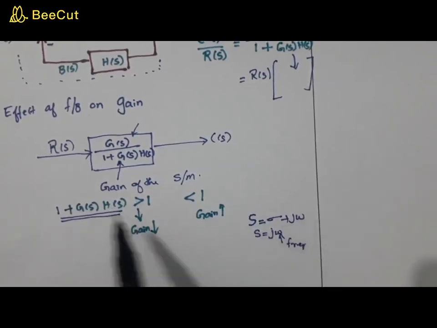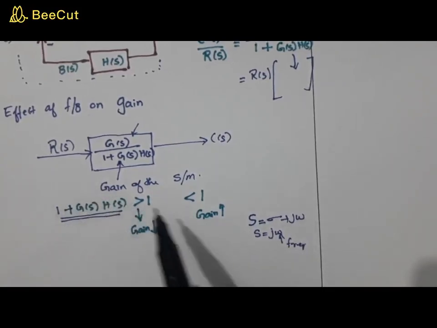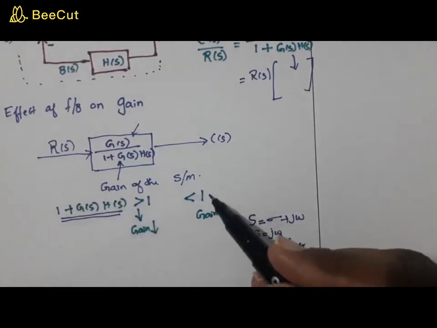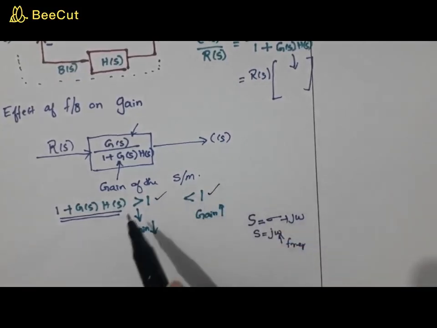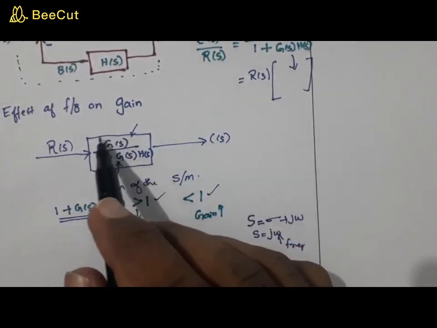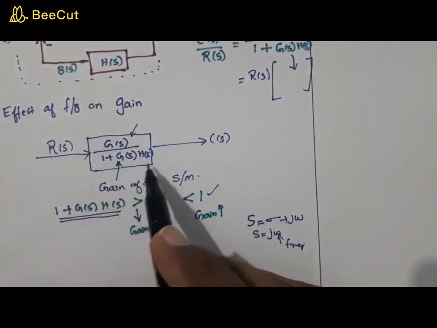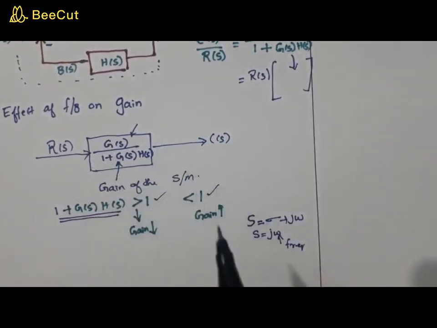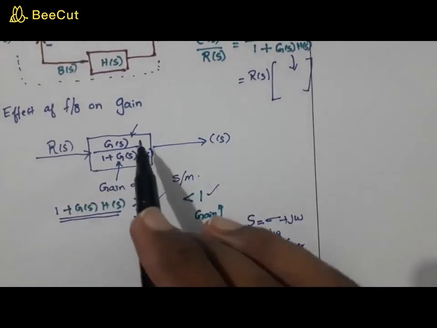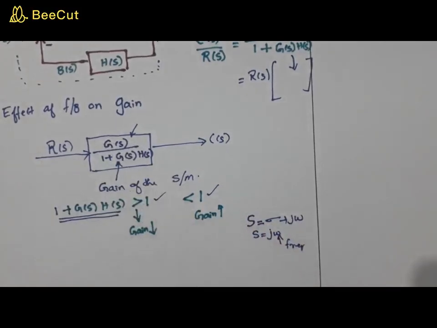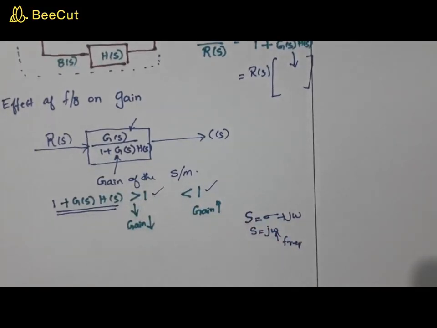This can vary in such a way that it is greater than 1 or less than 1. If it is greater than 1, then obviously the gain decreases, and if it is less than 1, the gain increases. So this is the impact of feedback.